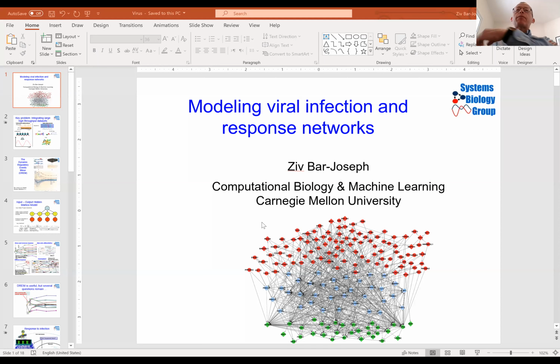What I would like to talk about today is some of the work that we have done related to modeling viral infection and response networks that may be relevant to some research focused on the impacts and what the novel coronavirus is doing, which unfortunately is something that the entire world has to deal with nowadays.